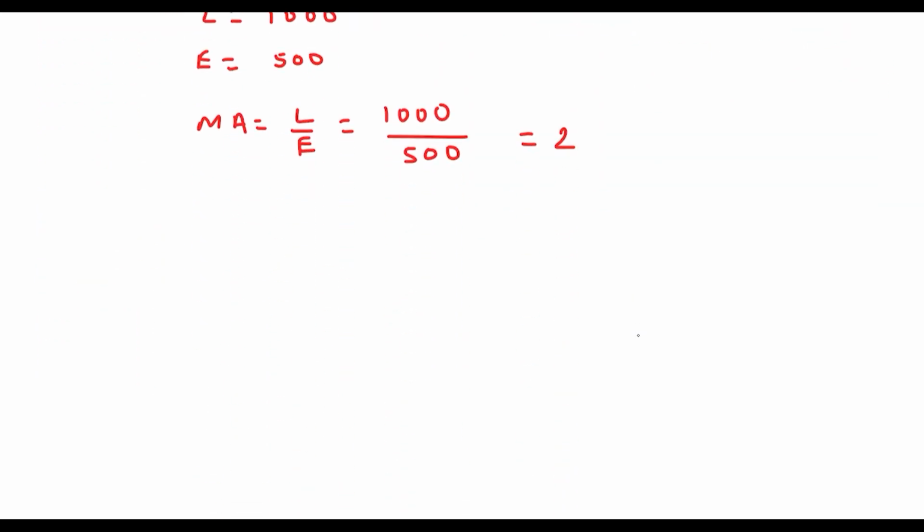So we know that crowbar is the example of the first class lever. In first class lever, the fulcrum is always situated between the load and the effort. Suppose this is load, this is fulcrum, and this is effort. Because crowbar is the example of first class lever, the fulcrum is situated between load and effort.